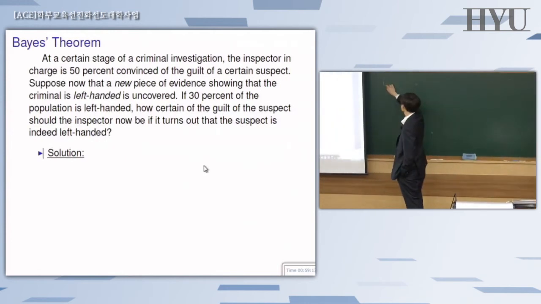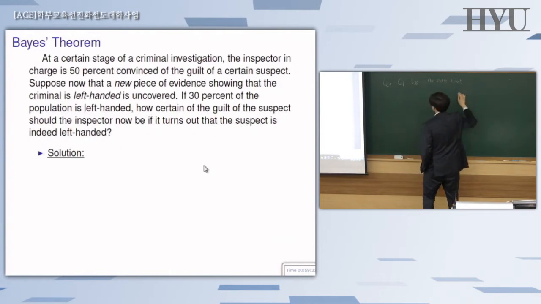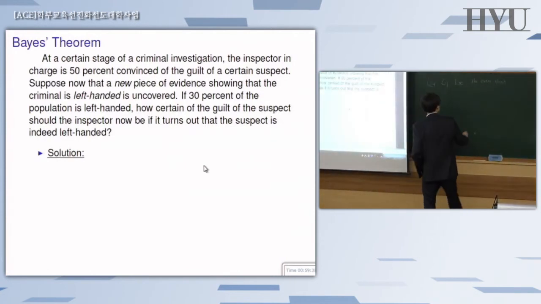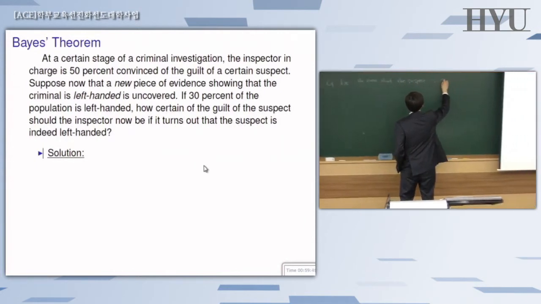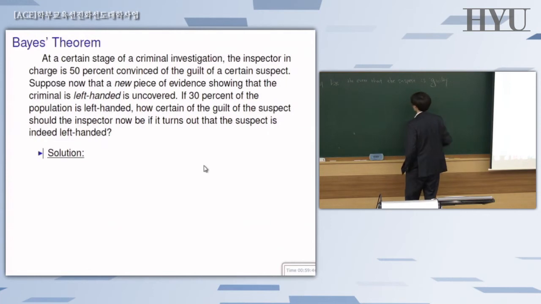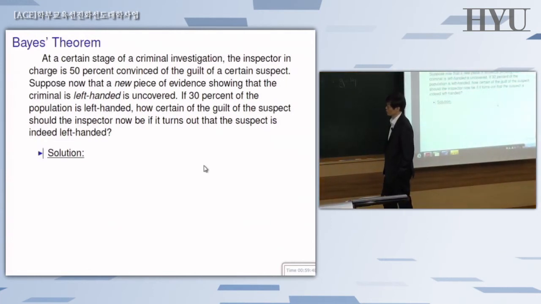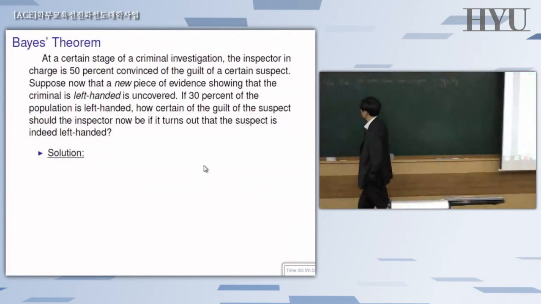What are those two? That should be the first one. Name it G, and then define it to be the event that the suspect indeed committed that crime, is guilty.